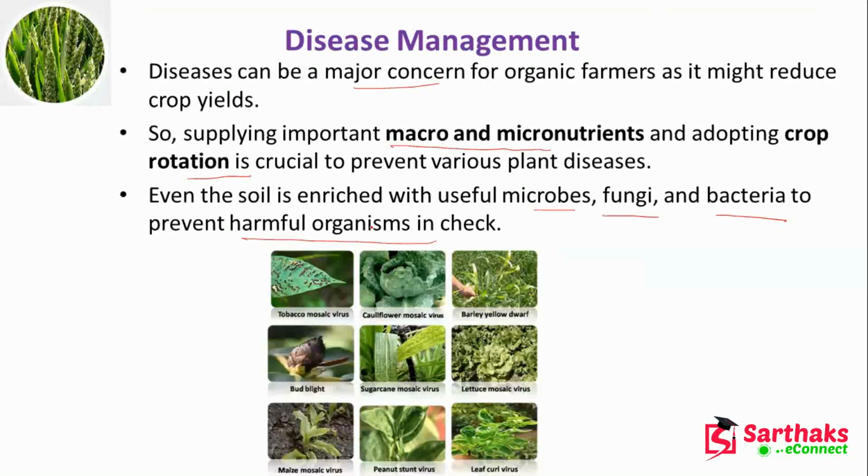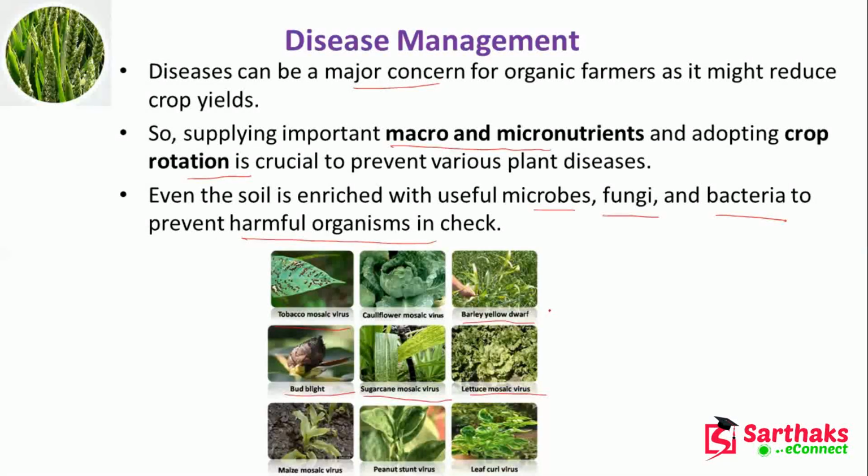Here, first we have to know what are the different types of disease. Like here you can see tobacco mosaic virus, how it affects the leaves. Cauliflower mosaic virus, they will just destroy all the crops. Barley yellow dwarf, lettuce mosaic virus, sugarcane mosaic virus, bud blight, maize mosaic virus, peanut stunt virus, leaf curl virus.